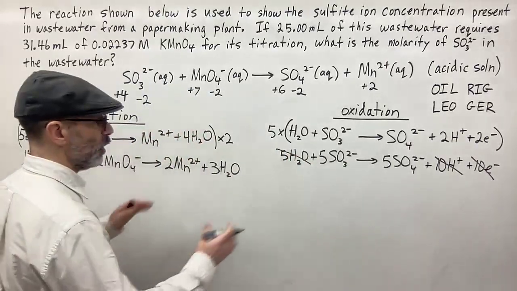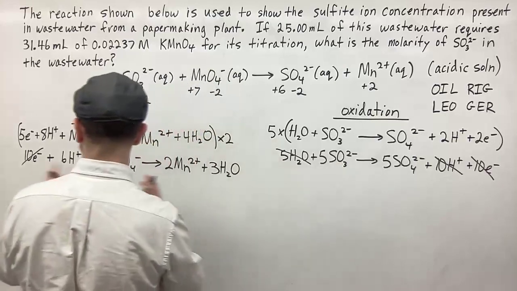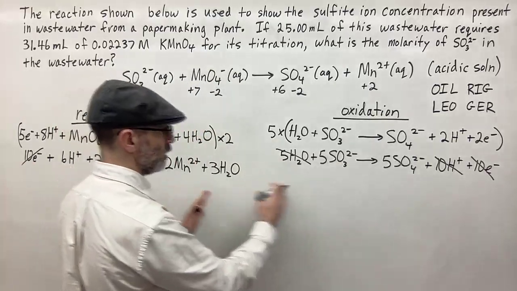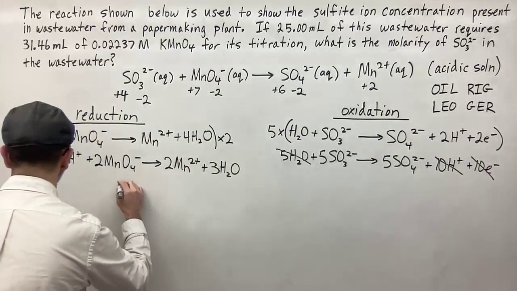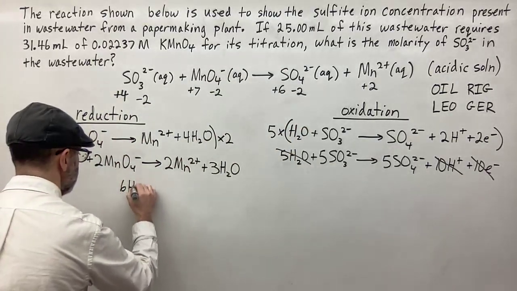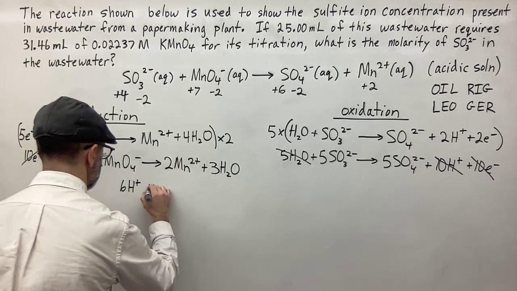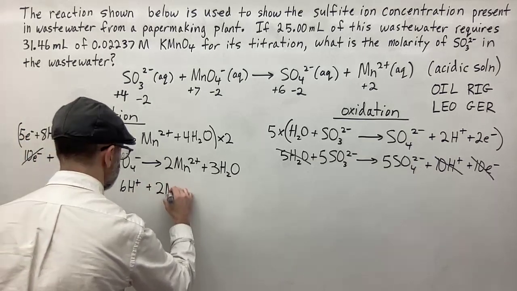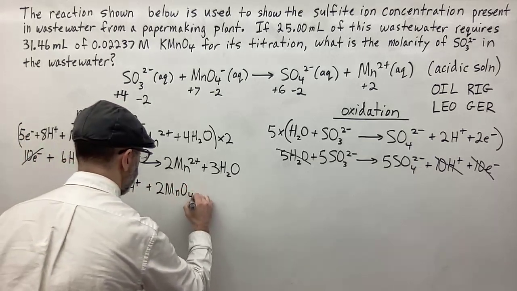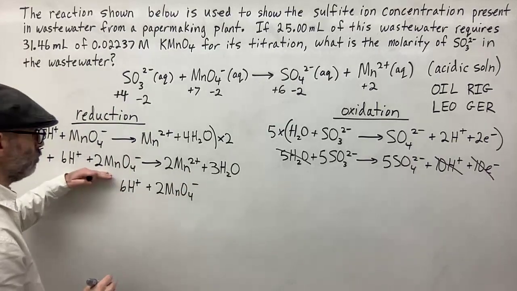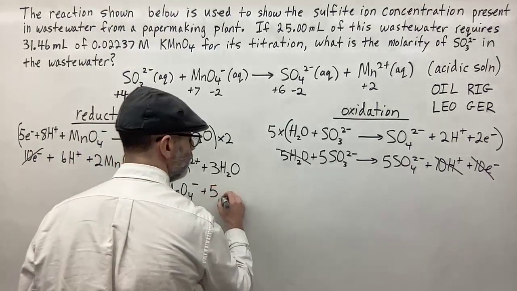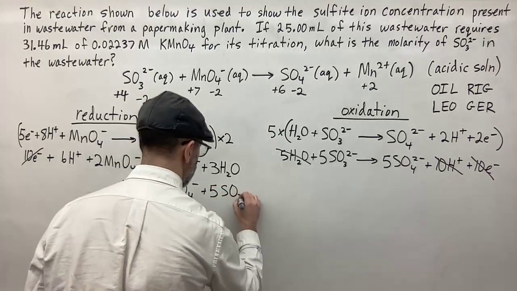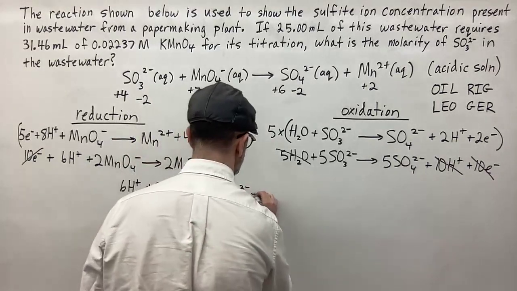So we're going to put reactants with reactants together, products with products. And when we do that, we get 6 H plus, 2 MnO4 minus. So those two plus this one plus 5 SO3 2 minus.